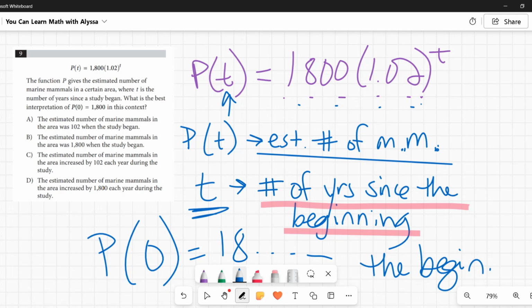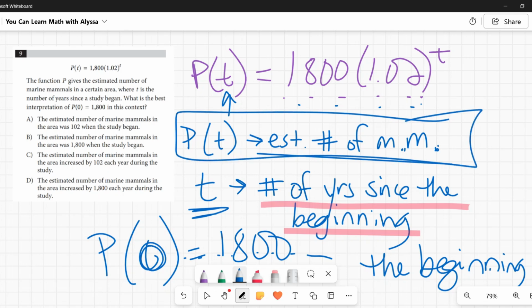I should have just written start instead of slowly writing beginning every time. Since the start, it is the first year, the first moment. They haven't really started tracking the change yet. They've just started, and at 0 they did the math and got 1800. Well, what did it say up here? When you do the math and get a number, that number is the estimated number of marine mammals.